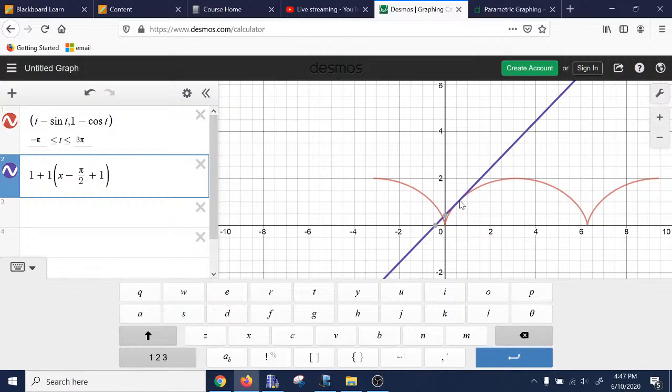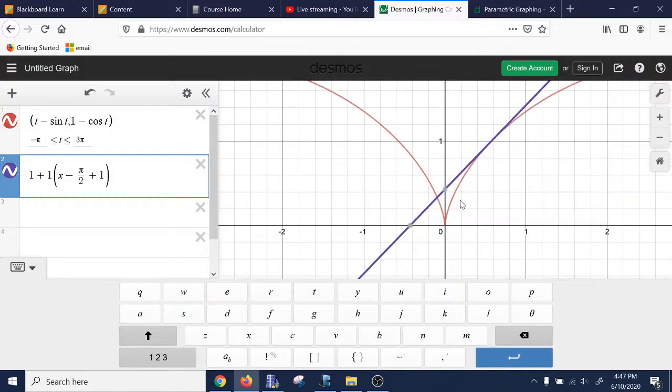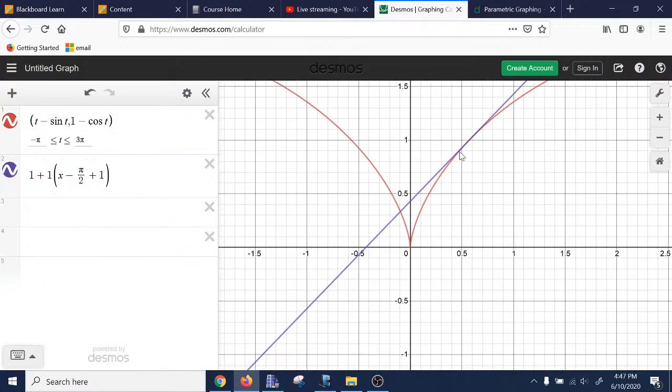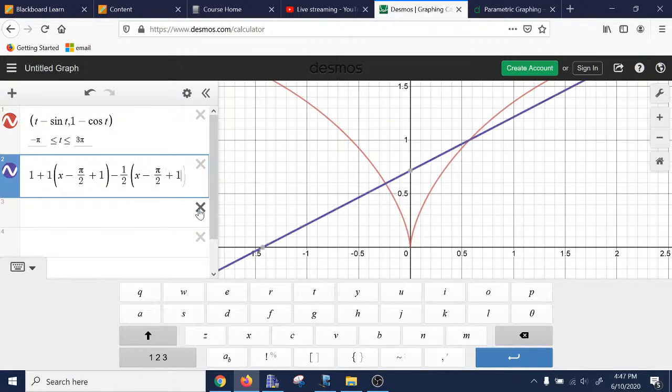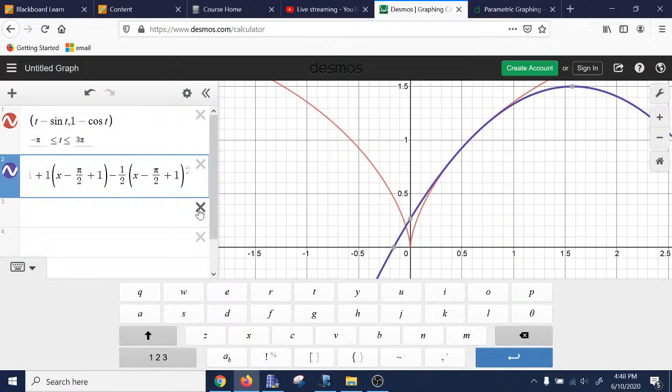And sure enough, it looks like it's tangent at this spot. The spot where the y value is 1 is the place where the thing was tangent. But I'm supposed to get something even better if I put a minus 1 over 2 times x minus pi over 2 plus 1, squared.